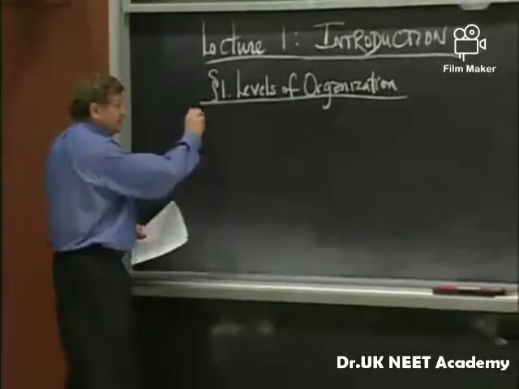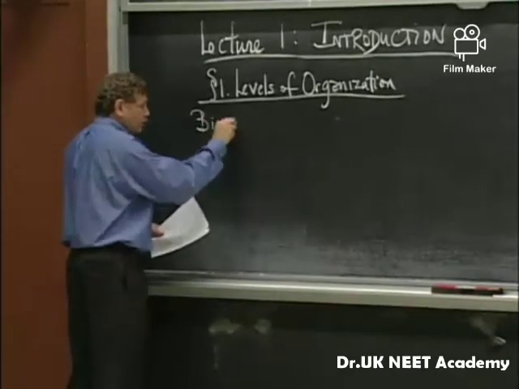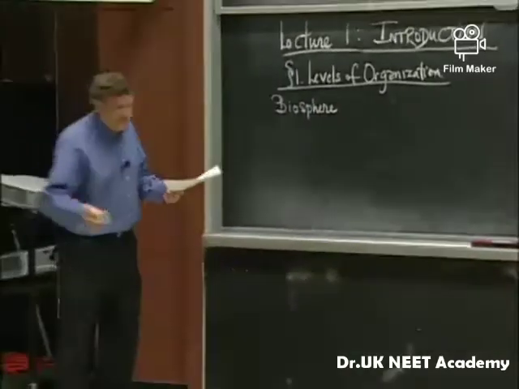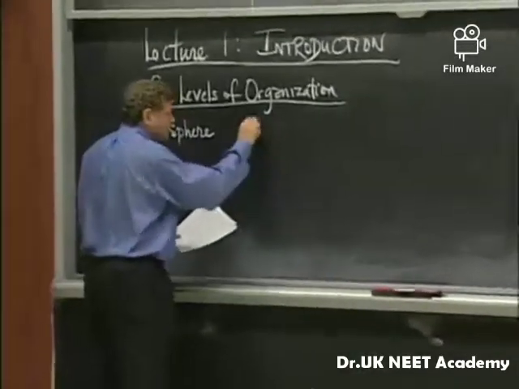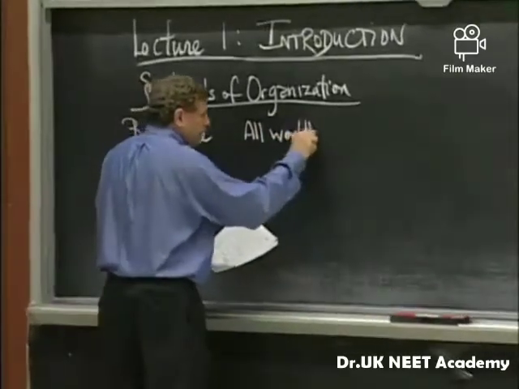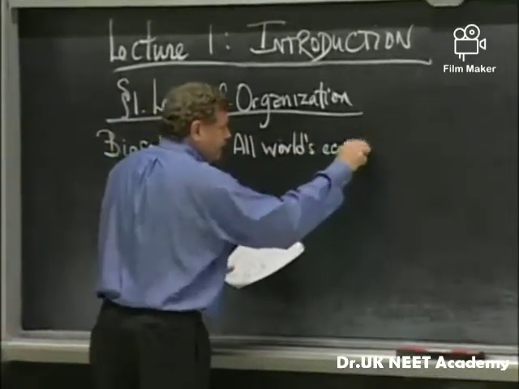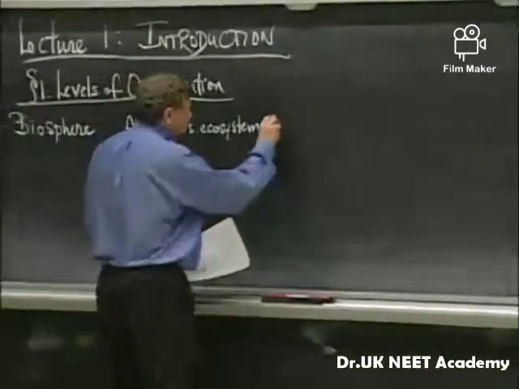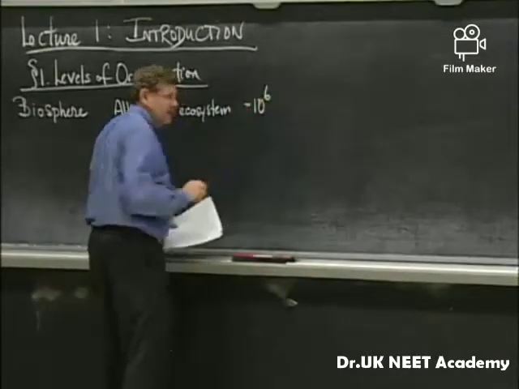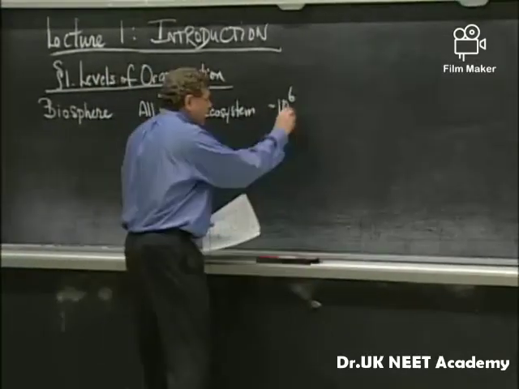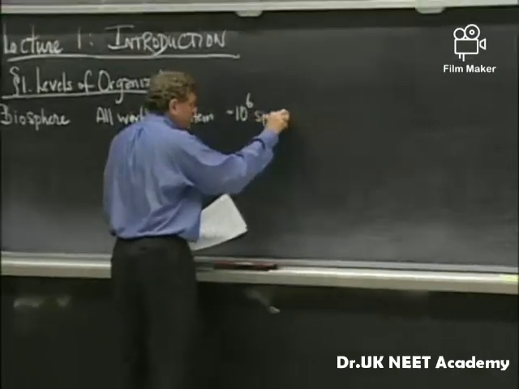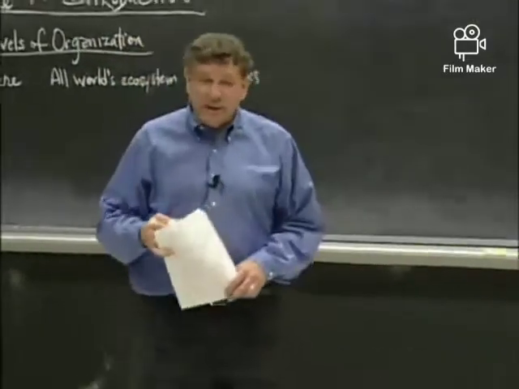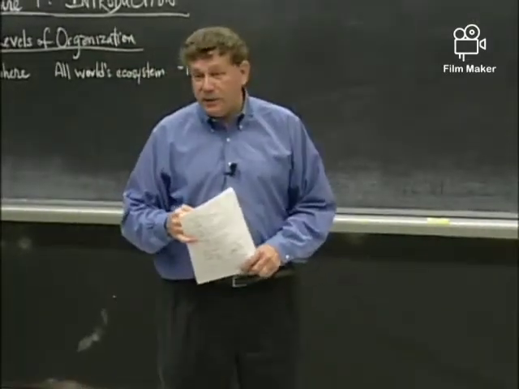You could decide to study the entire biosphere. By the biosphere, I mean everything, all the world's ecosystems working together to create a happy, healthy, living planet. There are, I don't know, something like 10 to the 6th eukaryotic species on this planet, more than 1 million species of things you can see with your eye, and there are 10 to the God knows how many species of microbes.